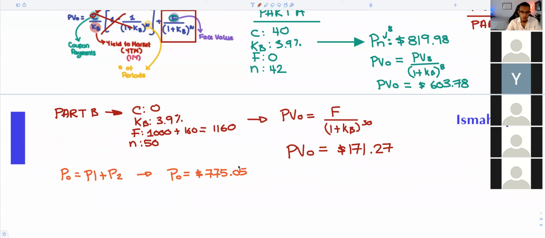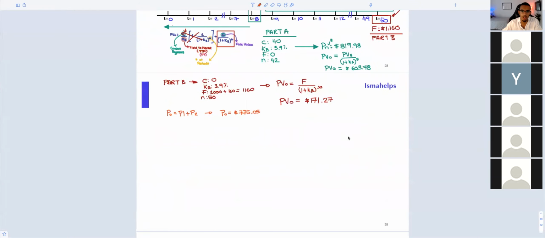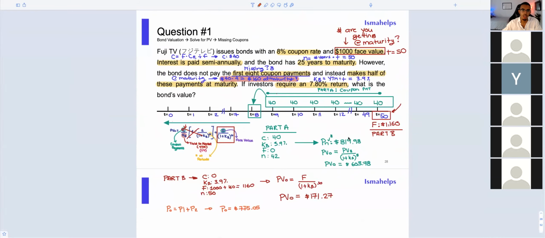So I always like to do a summary of what we covered at the end of a question. This one at this point should be easy for you. The only nuance was where to put the present value of part A once we plug it into the formula. But now we know a rule: the number of payments that we missed will be the period at which our present value lies once we plug it into our bond valuation formula.